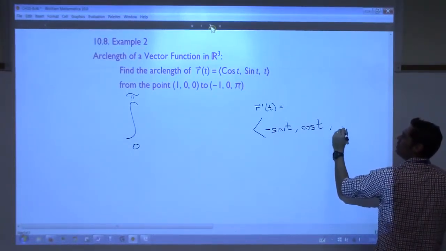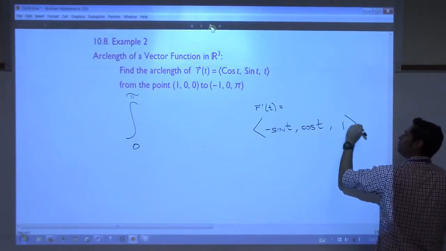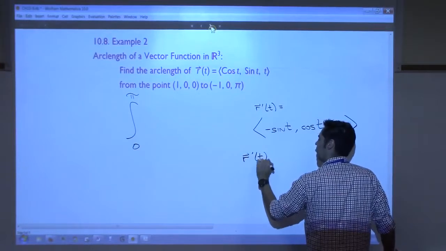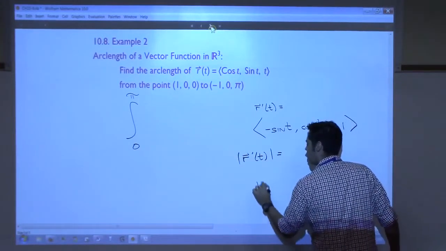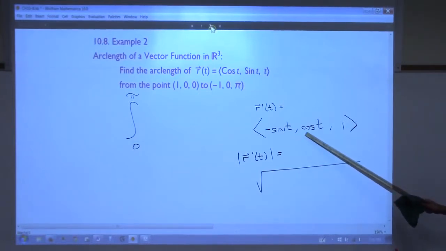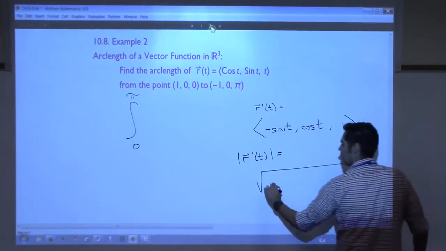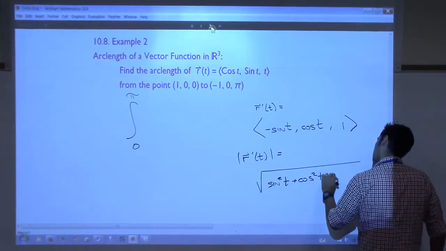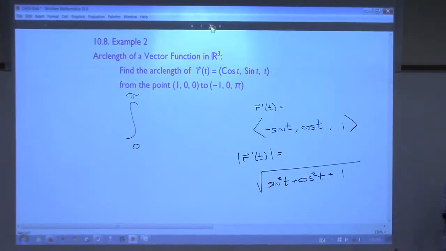What is this last one? 1? Now the length. Square root sine squared t plus cosine squared t plus 1. Which is what? Square root of 2.